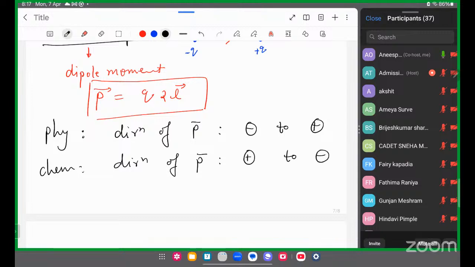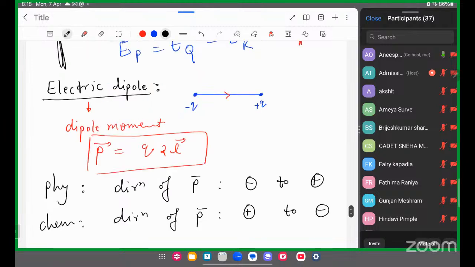So remember this point. And dipole moment of any electric dipole is given by vector P, which is Q into 2L. Q is the charge and 2L is the distance between these two charges. In some books, it can also be written as dipole moment P equals charge Q into separation between them, that is d. In that case, d will be equal to 2L. Are you getting it?